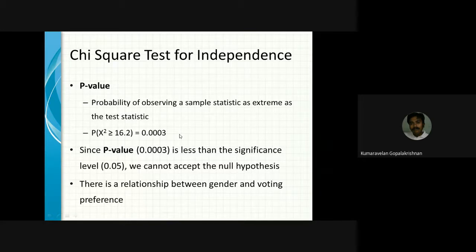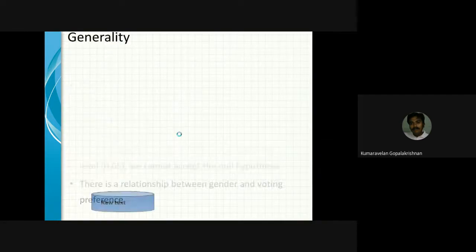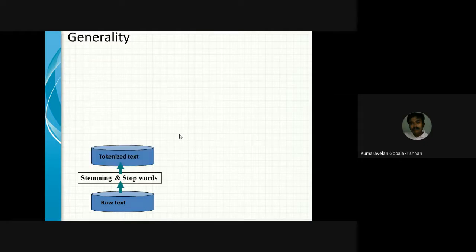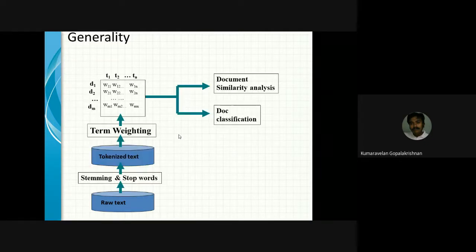Next, as one participant in the morning asked, please show me some kind of real-time case study. I prepared a case study for text analytics, I think for tomorrow morning. Whatever mathematics we have discussed, I will explain with respect to text analytics: how to find out whether one document is similar to another document.